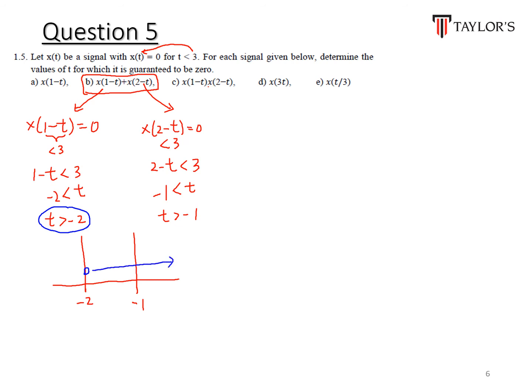For this answer, with another color pen, it says t must be greater than negative 1. And then the overall answer will be the intersection of both, meaning that both arrows must cover it. So we should make it here. So the final answer is t must be greater than negative 1.